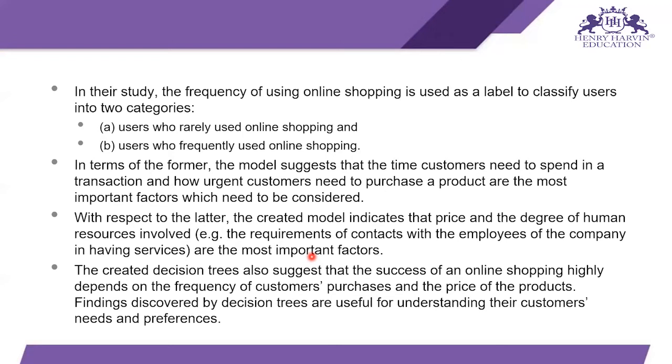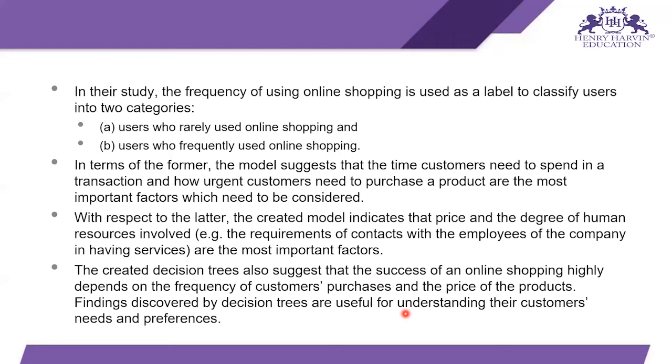Then the created decision trees also suggest that the success of an online shopping highly depends on the frequency of customer purchases and the price of the products. Findings discovered by the decision trees are useful for understanding the customer's needs and preferences.